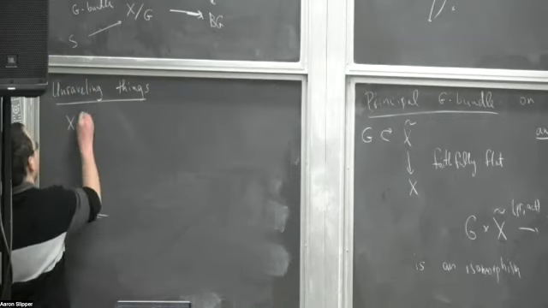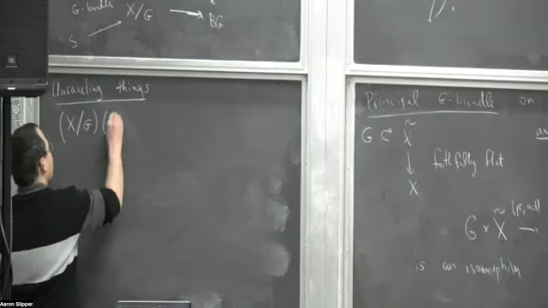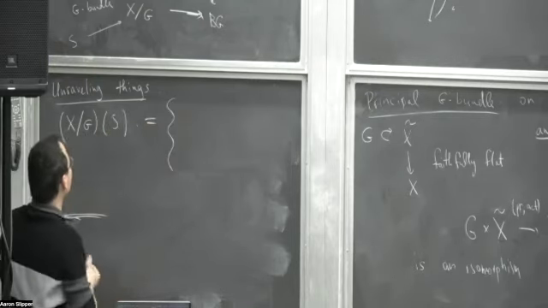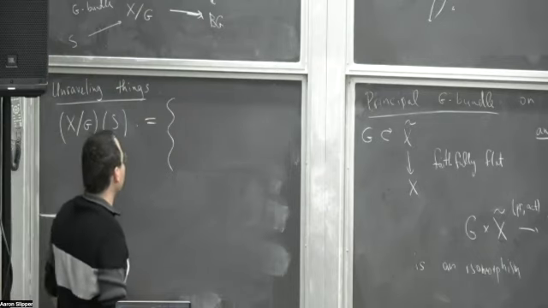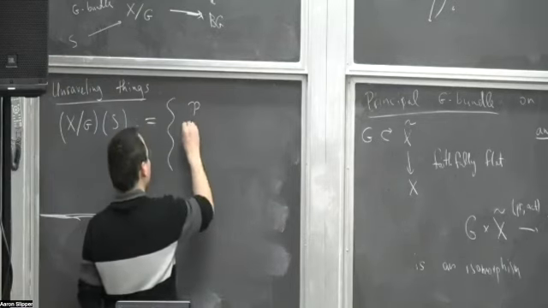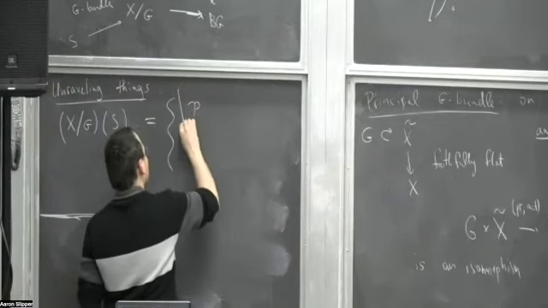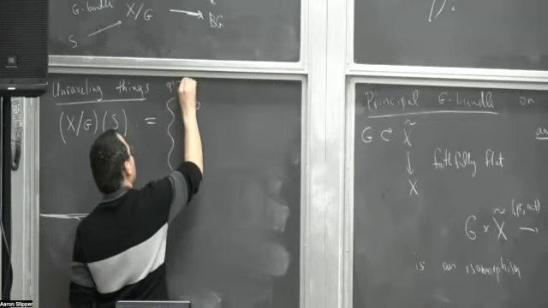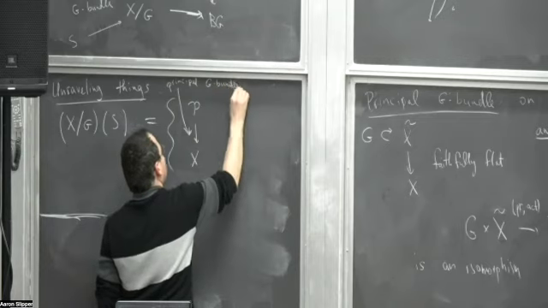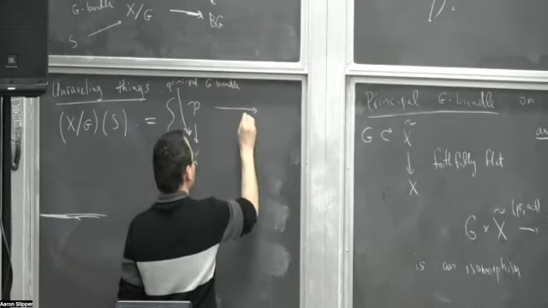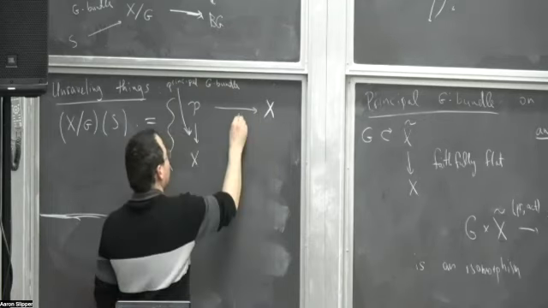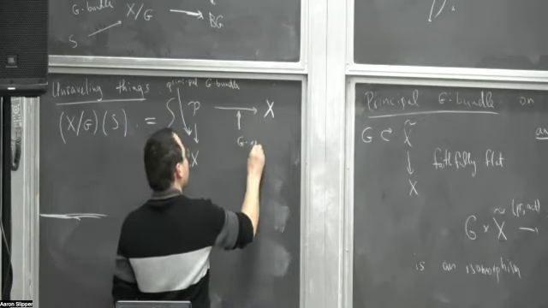So X on S. Thinking in these terms, one arrives at the following conclusion: that an S point of this quotient is a principal G bundle plus a map of E to X, which is G equivariant.